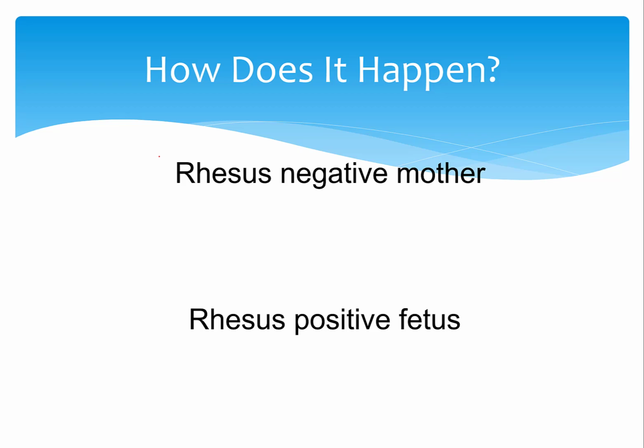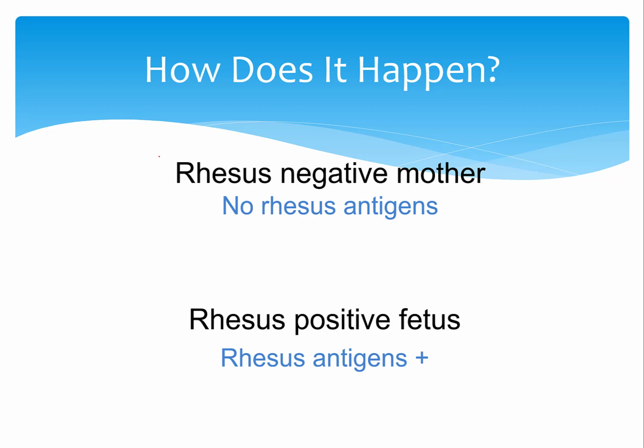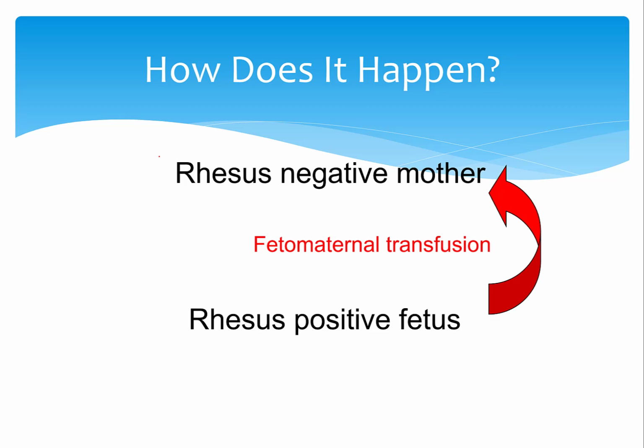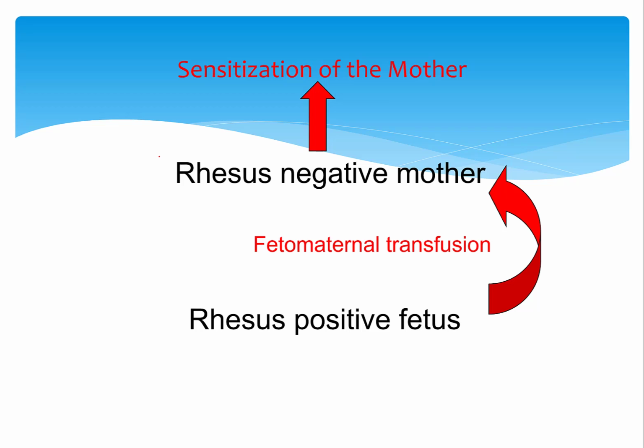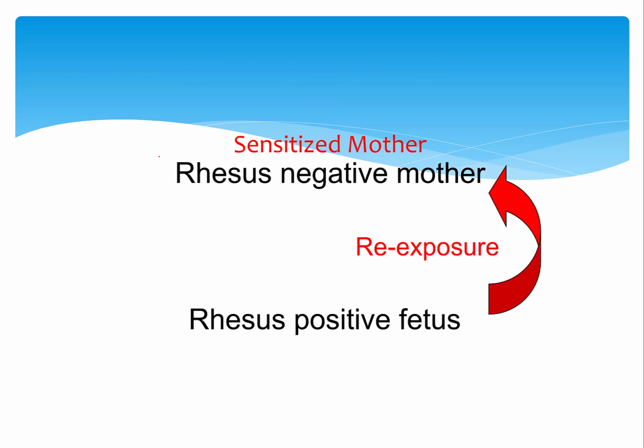So, this will show in a nutshell what we have been talking all along. So, rhesus negative mother does not have any rhesus antigens. Rhesus positive fetus has rhesus antigens. During a fetal-maternal transfusion, positive fetus cells will cross into the mother. It sensitizes. This first exposure is called the sensitization exposure. Now, the mother is sensitized.